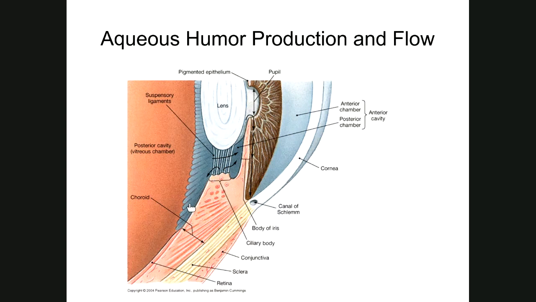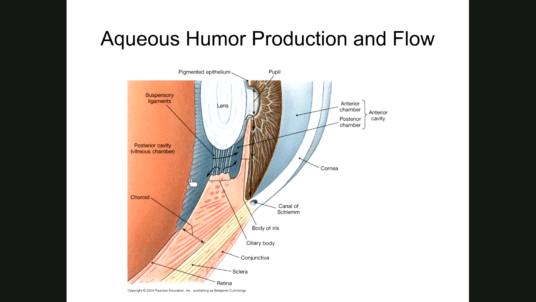So here is the ora serrata. It's not labeled on this picture. Ora means circular. Serrata means sawtooth. And see, it's a jagged sawtooth circle. It goes all the way around the inside of the eyeball in a circle. So ora, O-R-A. Second word, serrata, S-E-R-R-A-T-A.